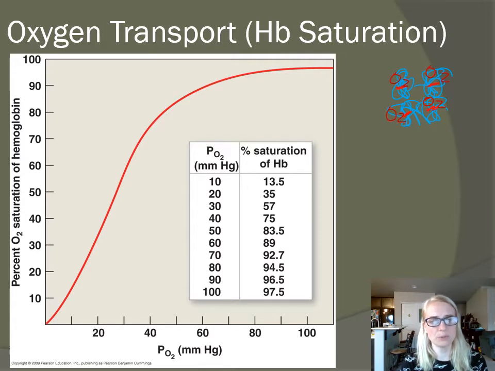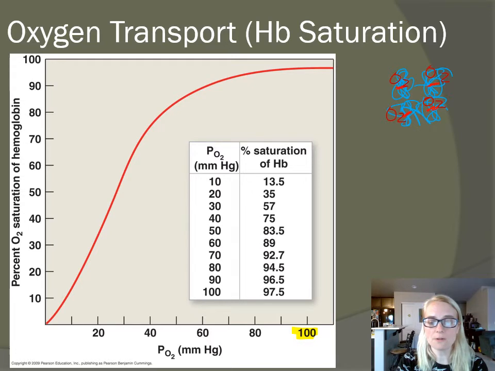If you did the pulse oximeter back when we were still able to have class in our blood chapters, you may have seen that you were 98, 99% saturated. That's what this is referring to: how many oxygen molecules are bound to each of your hemoglobin molecules. So let's highlight our key points here. When our PO2 is at 100, which, if you remember, was the level right at the pulmonary capillaries, that's the concentration from the alveoli moving into the pulmonary capillary bed until it left the lung in the pulmonary vein at 100 partial pressure of oxygen.